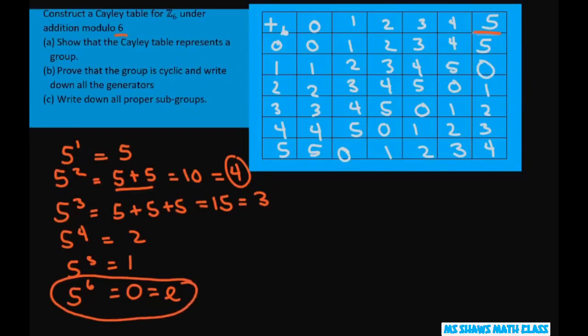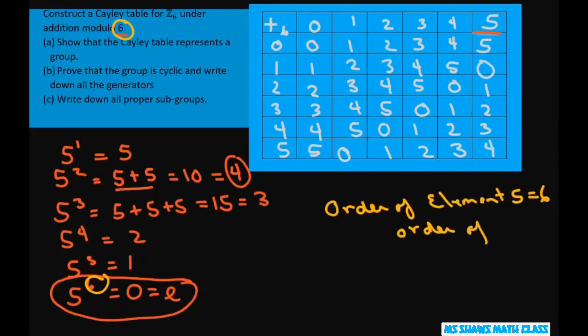So since 6 matches our 6 here, that means the order of element 5 equals 6, the order of the group. These two have to match.